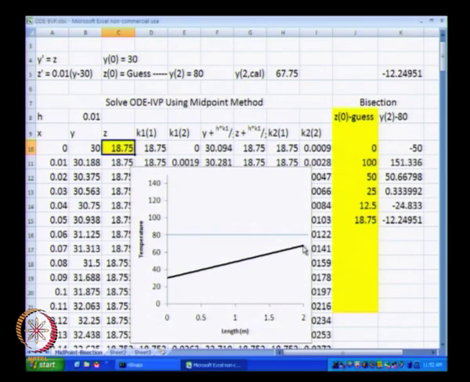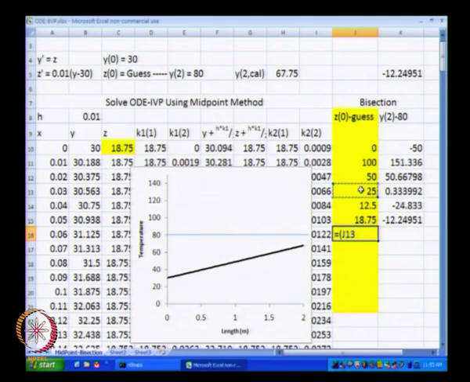So the next guess of the temperature that we are reaching is less than 80, which is signified by the negative value that we get of y2 minus 80, which basically means we are going to replace 12.5 as the guess, and so the two guesses that we are going to have are 18.75 and 25, and we are going to take an average of the two.